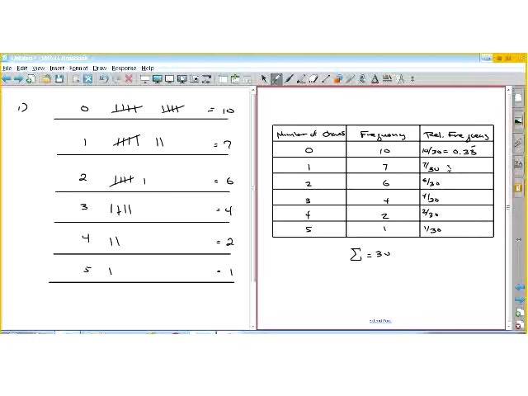There it is. Okay. 7 divided by 30 is 0.23. 6 divided by 30 is 0.2. 4 divided by 30 is 0.13. 2 divided by 30 is 0.06. And just 1 over 30, 0.03.